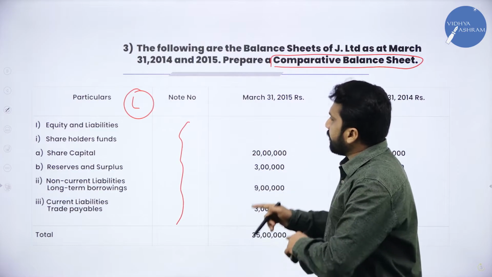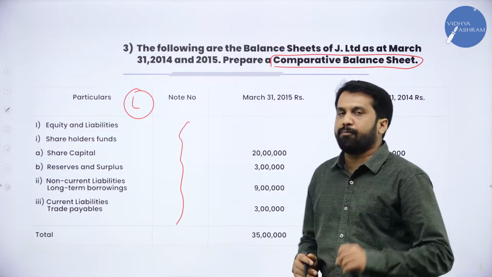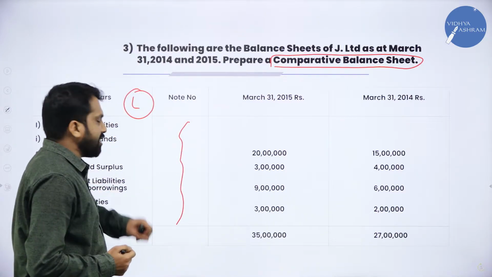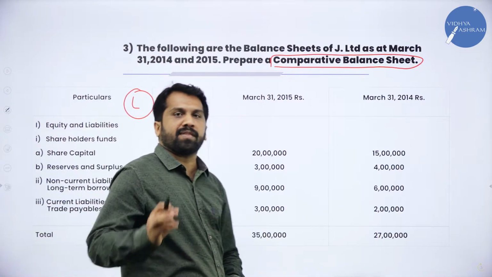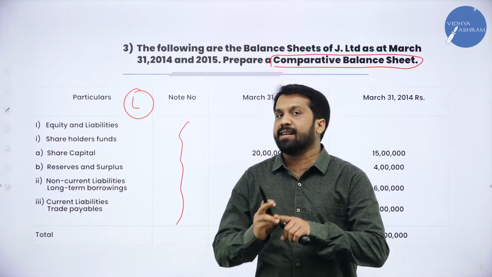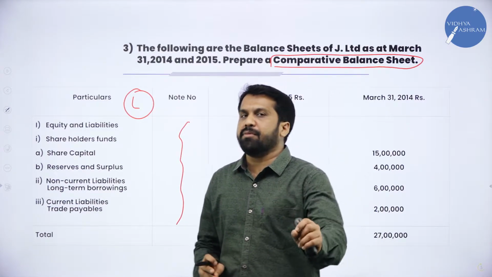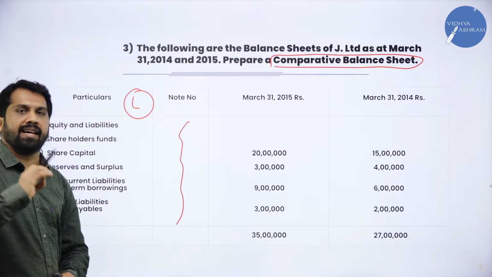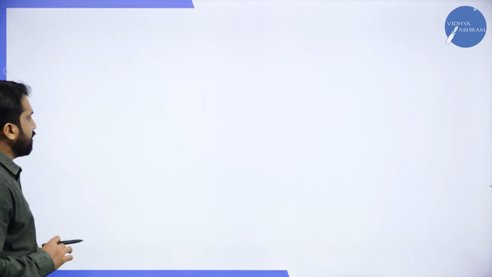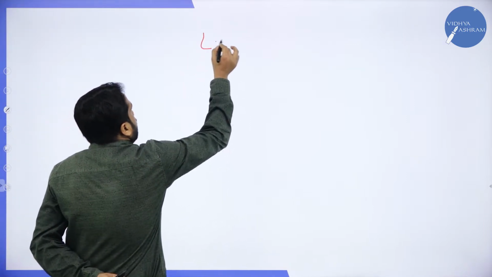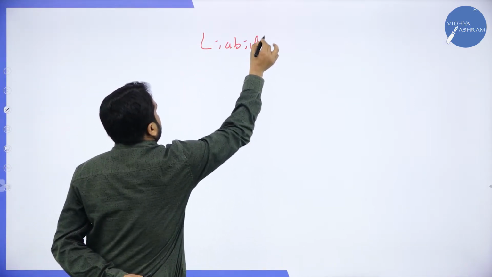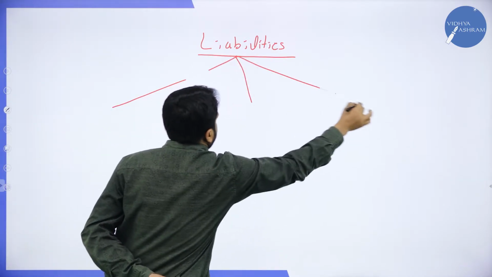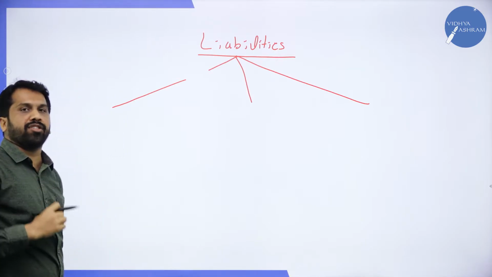Now, as I told you, while doing liability, we have to bifurcate into 3. Which are those? Shareholders fund, non-current liability and current liability. I'll give you a brief explanation about subdividing of your liabilities. Your liabilities we are dividing into 3. What is the first one?